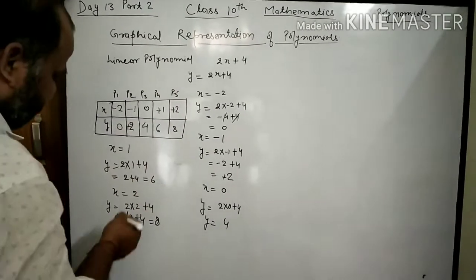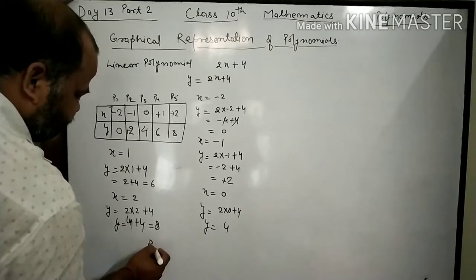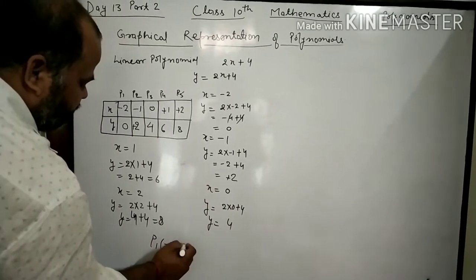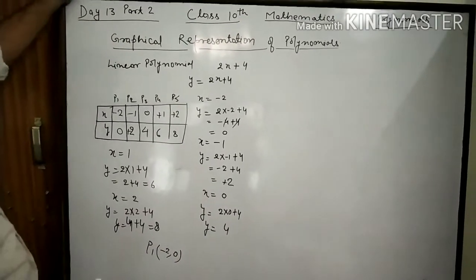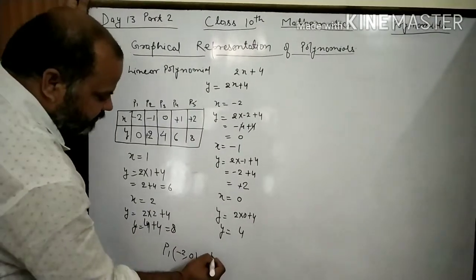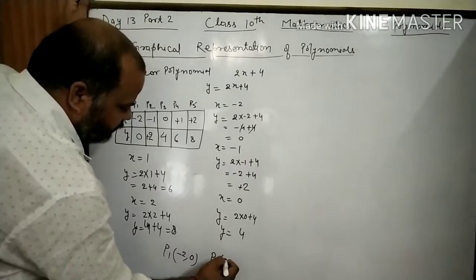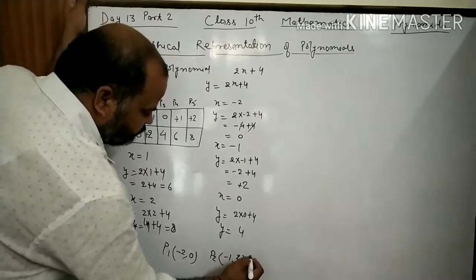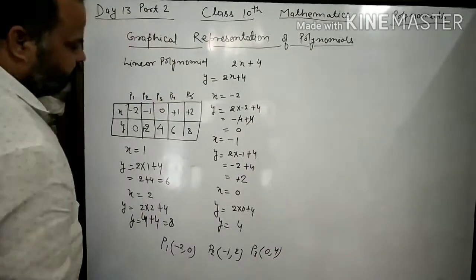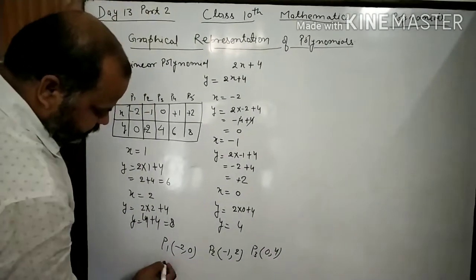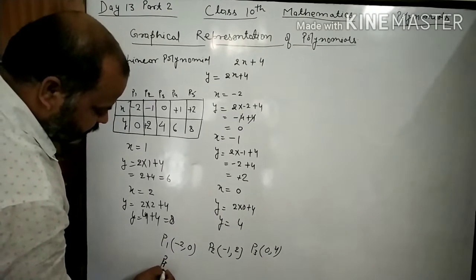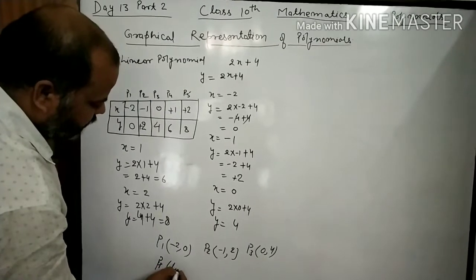Then we write P1 as minus 2, 0. First we write the x, it is called the abscissa, and y is called the ordinate. P2 is minus 1 comma 2, P3 is 0 comma 4, P4 is 1 comma 6.